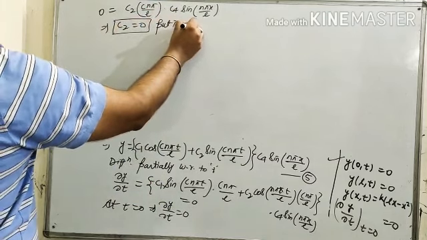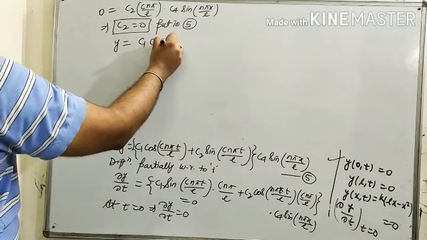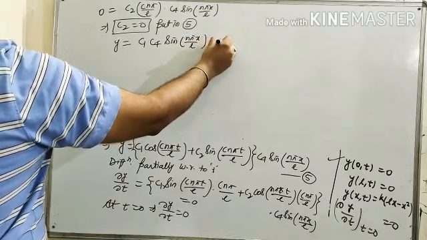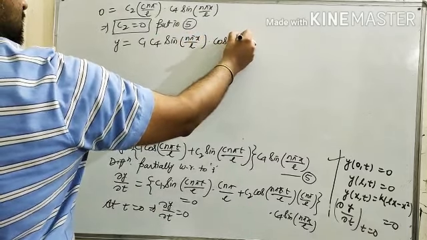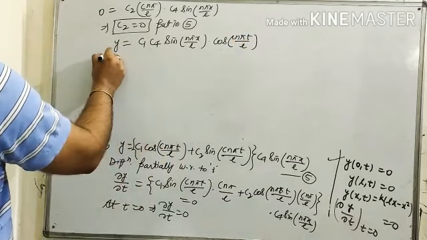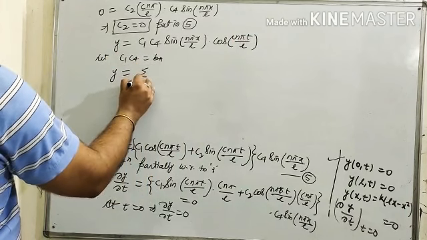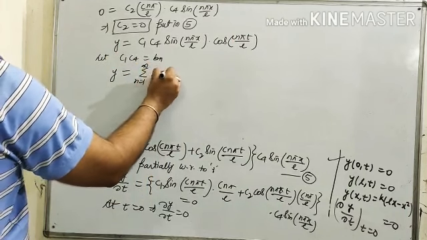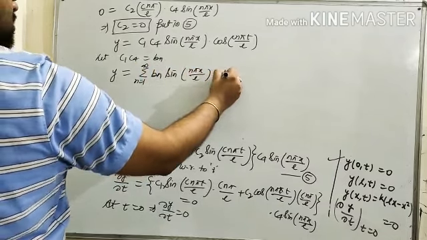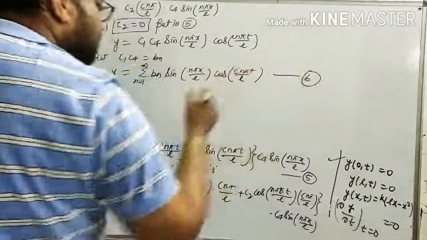So putting in equation number 5, we get y equals C1 C4 sin n pi x upon L into cos Cn pi t upon L. Let C1 C4 equal Bn, then y equals sigma n equals 1 to infinity Bn sin n pi x upon L cos Cn pi t upon L. This is equation number 6.